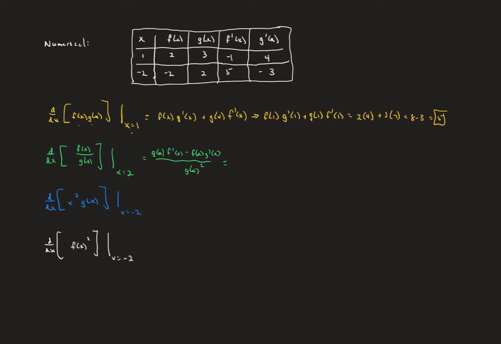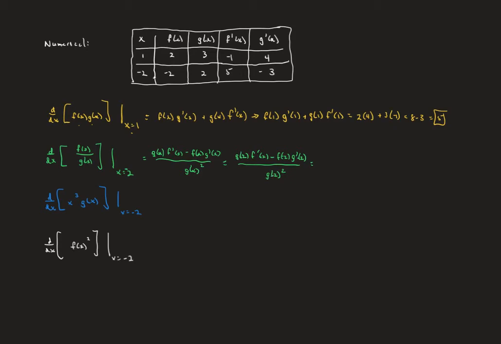We're evaluating all these at 2, so it's going to be g of 2 times f prime of 2 minus f of 2 times g prime of 2 all over g of 2 squared. So going to the table, those should be negative 2. Sorry about that, because we don't know anything about x equals 2. So I'm going to make these all negatives. So use your imagination here a little bit.